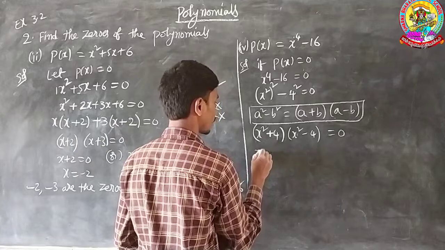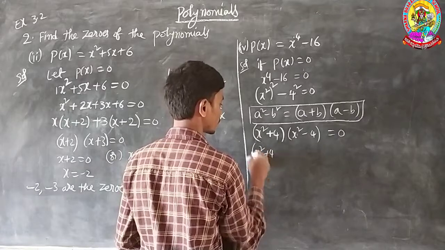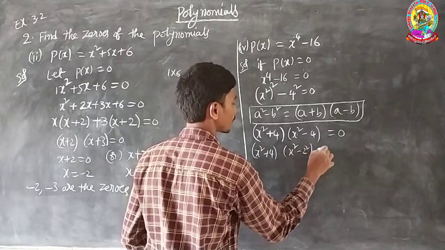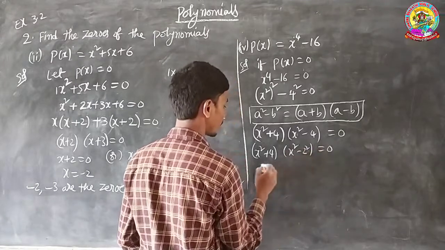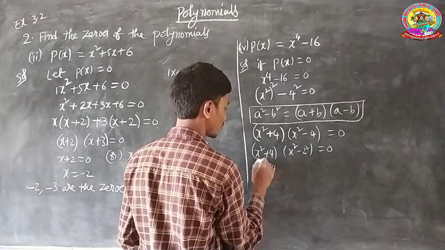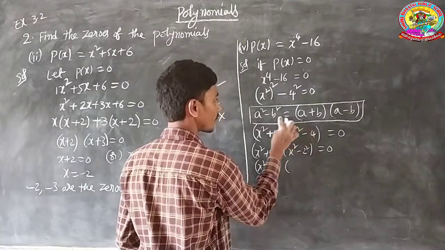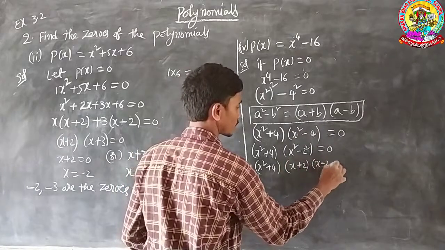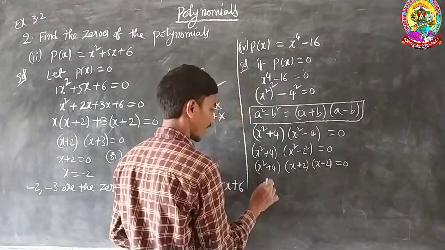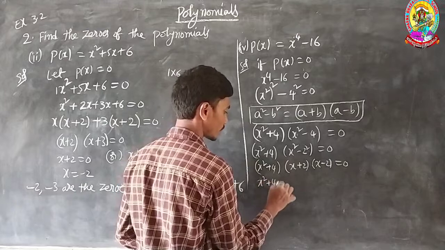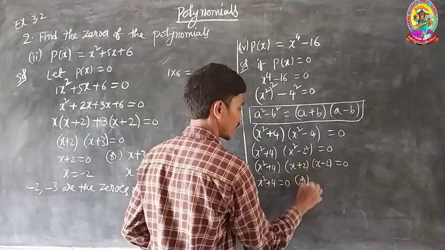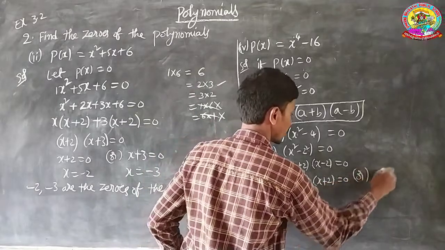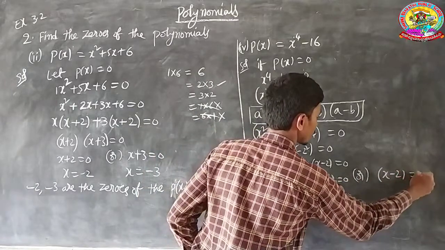Now x square minus 4 can also be written in the form x square minus 2 square. So x square plus 4 into x plus 2 into x minus 2 is equal to 0, since it is also in the form of a square minus b square. Either x square plus 4 is equal to 0 or x plus 2 is equal to 0 or x minus 2 is equal to 0.